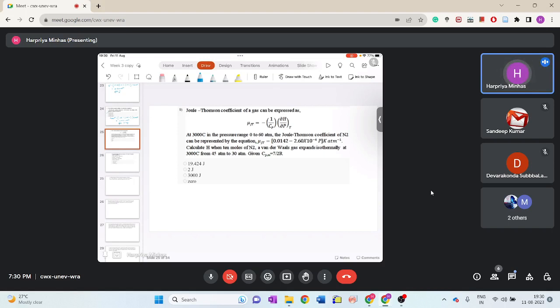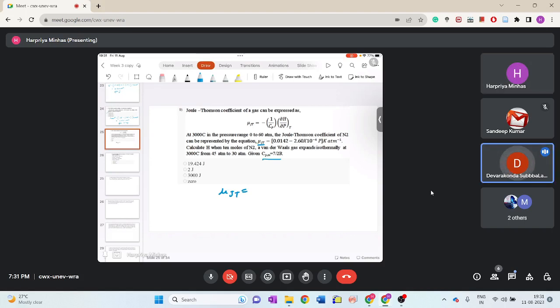Calculate delta H when 10 moles of N2, a van der Waals gas, expands isothermally at 3000 degrees Celsius from 45 atm to 30 atm, and the given Cp is 7 by 2 R. So this is the equation.